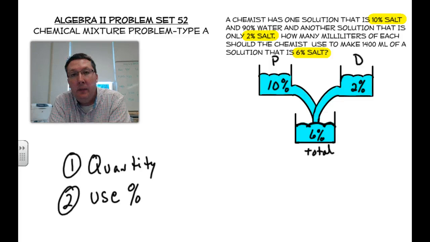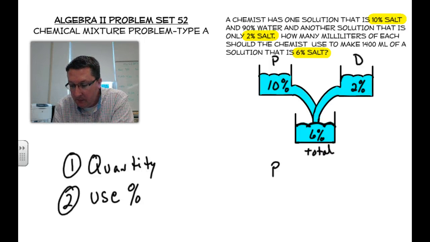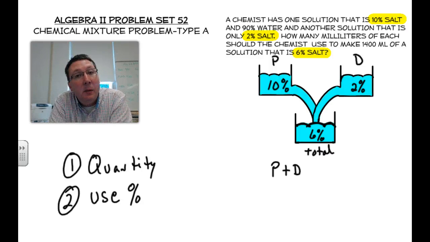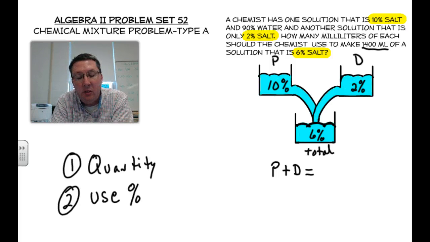Now let's look at the quantity. The pouring amount, that's an amount of some milliliters of the 10% solution. I'm going to call that P. So we're going to have some of the 10% solution that we're going to pour in, and then we're going to add to that some of this dumping solution, the 2% solution, so some milliliters of the dumping solution, and we're going to add that together to make our new mixture, because this chemist wants to make 1,400 milliliters of a solution.